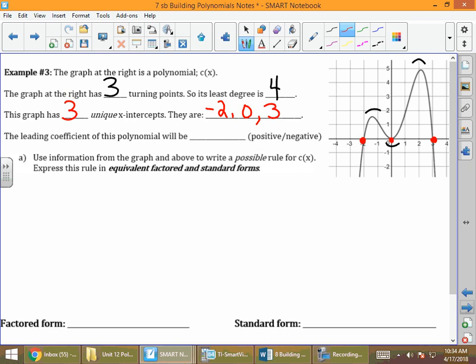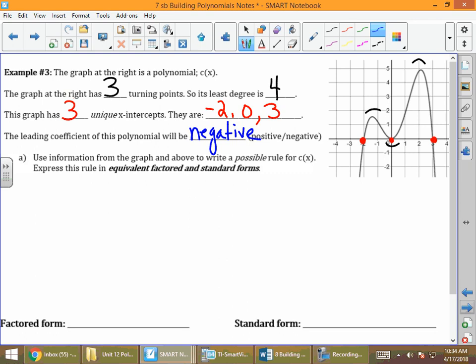The leading coefficient. If we look to the right on this graph, far right, our graph is going downward towards negative infinity. That means that the leading coefficient of this polynomial is going to be negative.